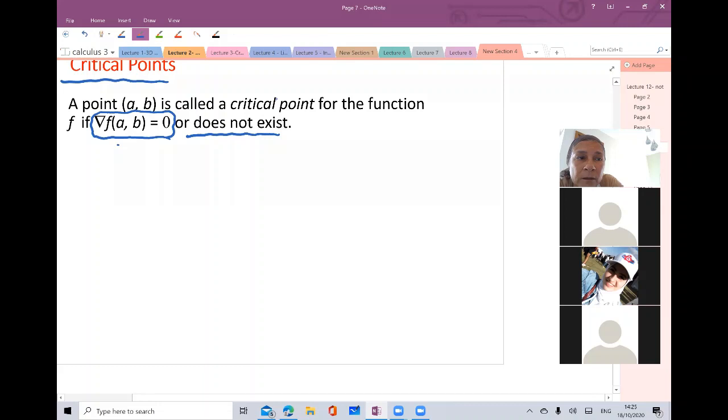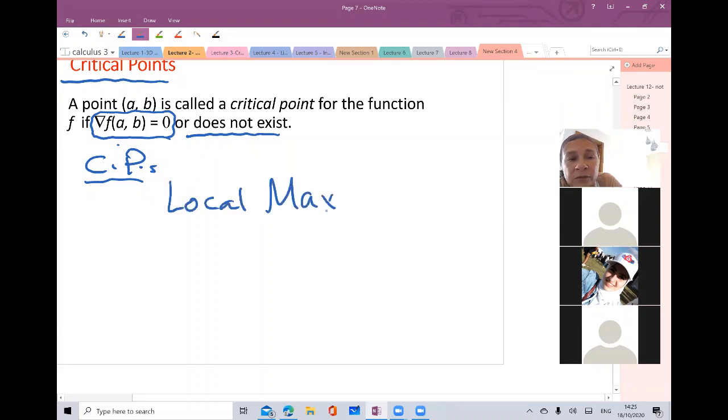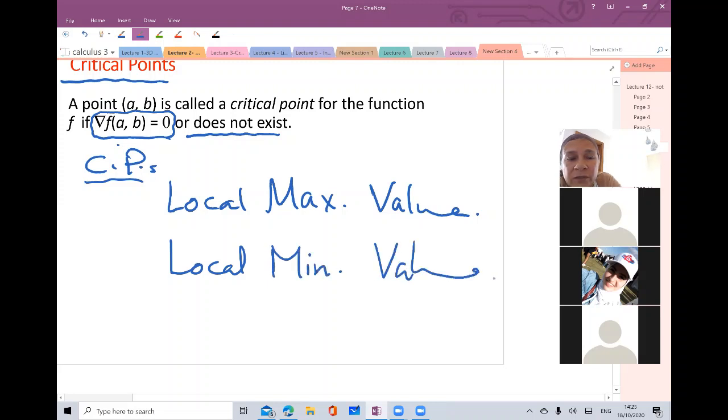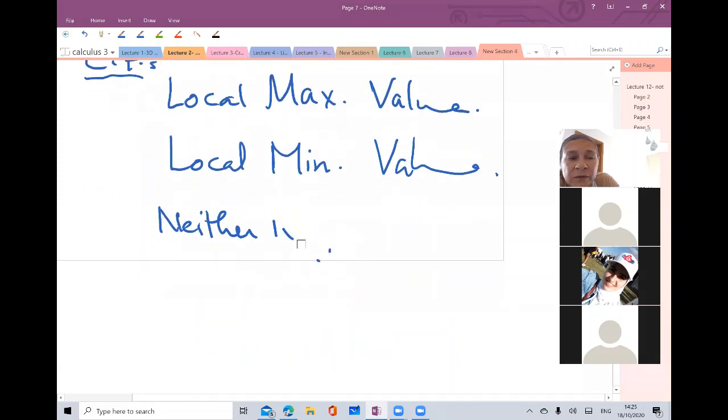Okay, got it? Are these points maximum, minimum, or not? So critical points, in short, let's write it like this. They could either give me a local maximum value, or they could give me, as we saw from the graphs, a local minimum value, or neither, neither maximum nor minimum.